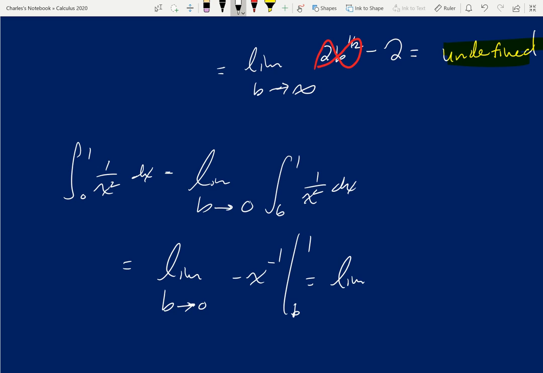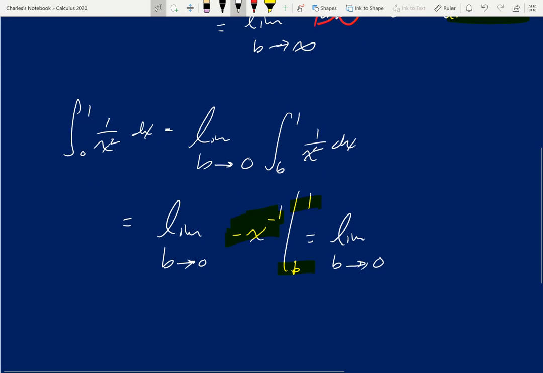And this is a good trick that I remember discovering for myself after a couple of years of taking calculus: when you're evaluating an integral like this and it's negative, it's the same thing as just flipping the boundaries. So this would be the same thing as the limit as b goes to 0 of x to the negative 1 evaluated from 1 to b. I just do that in my head and I get rid of the negative sign.